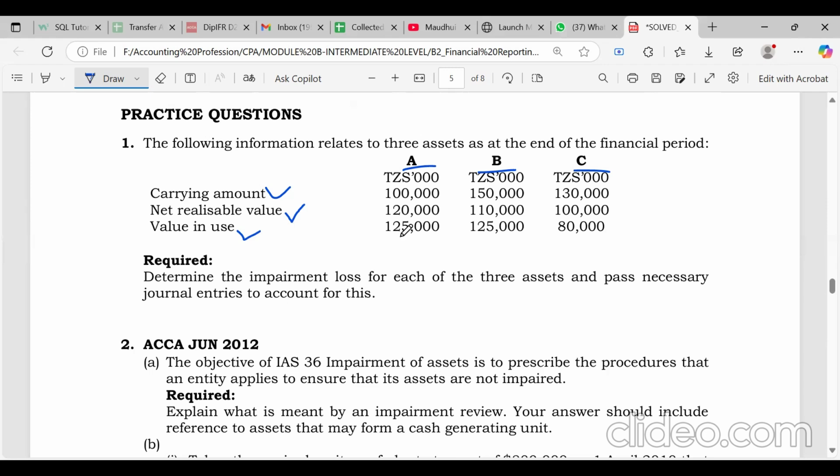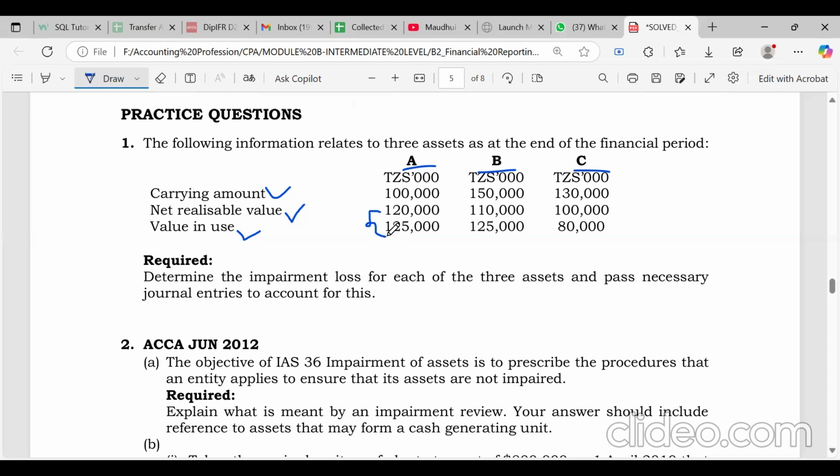Can you help me with the impairment of asset A? First of all, we compare and take the higher of net realizable value, fair value less cost to sell, and value in use. If you sell it, you get 120 for asset A. If you use it, you get 125. Which choice do you make?